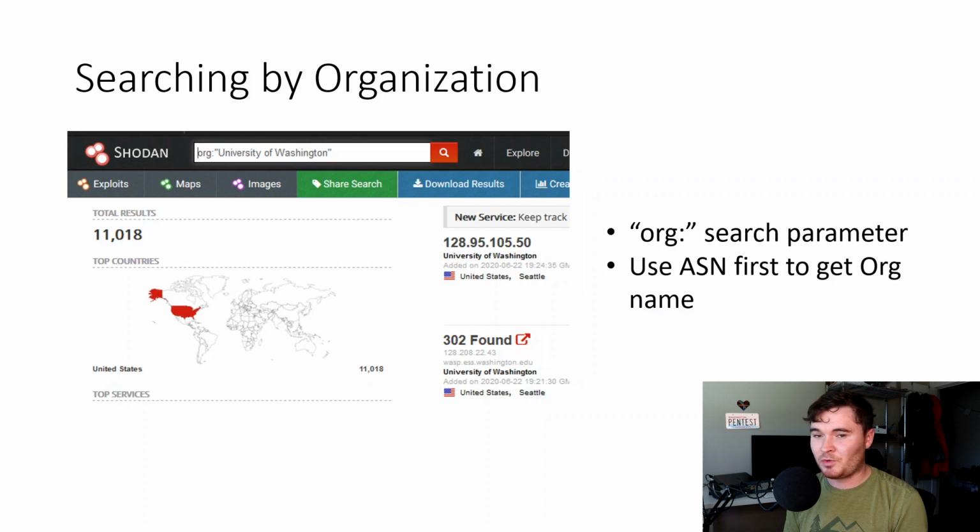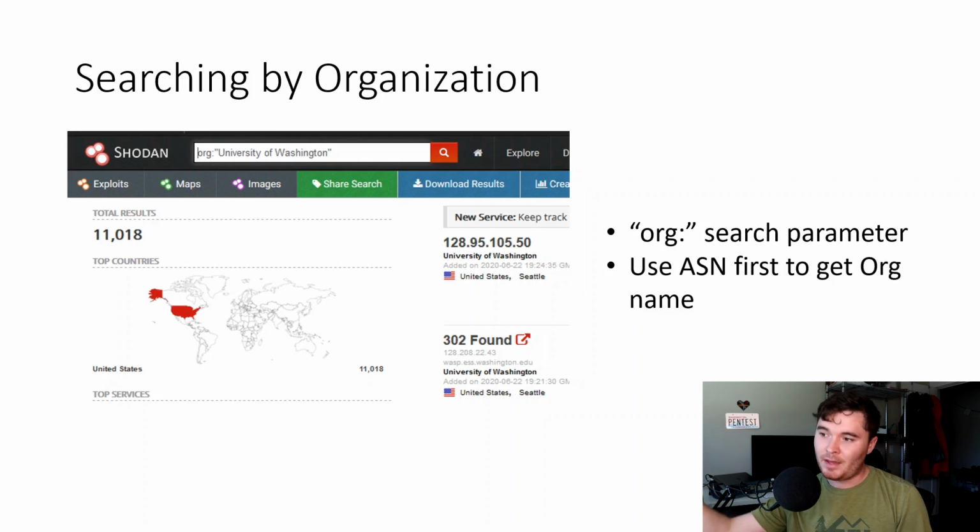Some organizations will be like Blackburn Security, but if you type in org: "Blackburn Security," it might not show up because it might show up on Shodan as Blackburn Security LLC or company or something like that. So I'm just a little bit more thorough. So I look up the AS number, which I know is going to yield results most of the time on here, and then click on the bolded University of Washington or whatever organization.